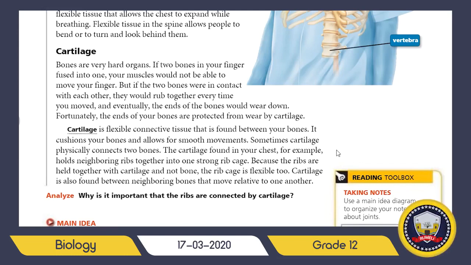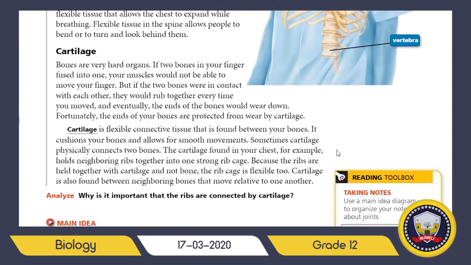Consider this: if your fingernails are very long, let's say 10 centimeters, how would this restrict your movement? The two bones connect with each other through cartilage, and this cartilage helps us in moving.